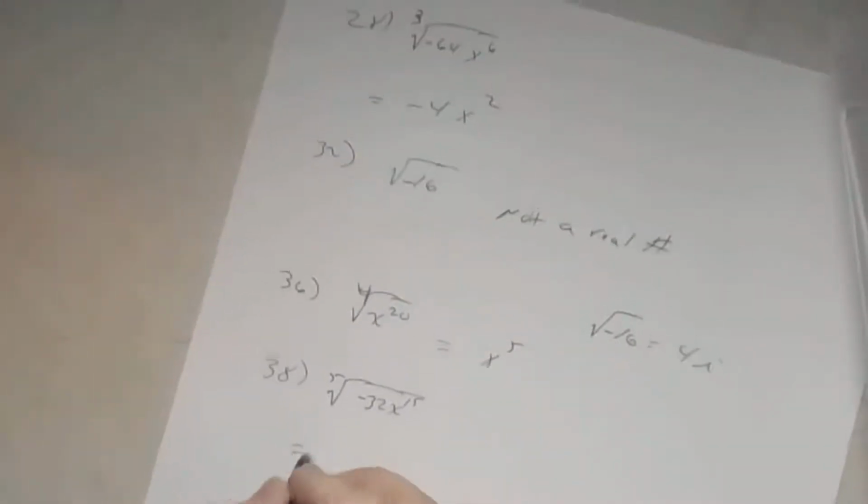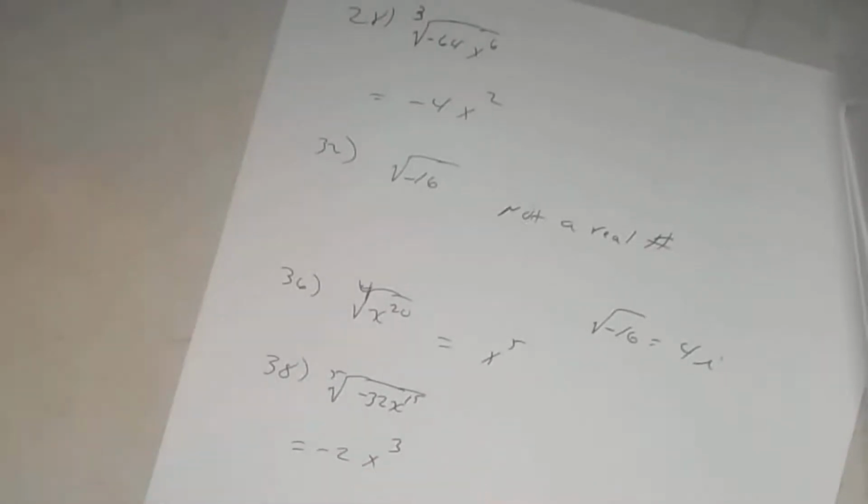Negative 2. So the fifth root of negative 32 is negative 2, and the answer is negative 2x to the third. Can I break out my calculator yet? No, because you need to know that. Those are not big numbers, so you should be able to do this, and you don't even need your multiplication tables.